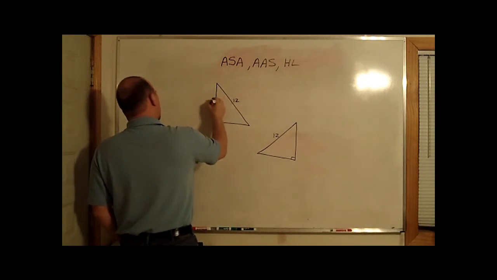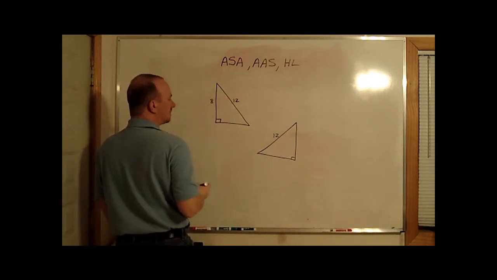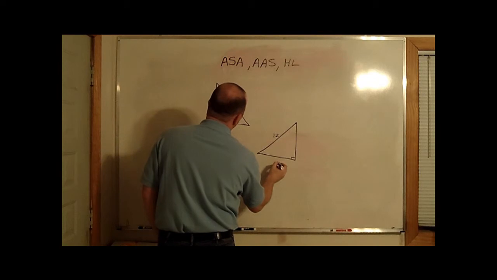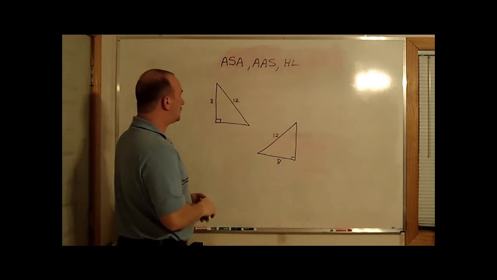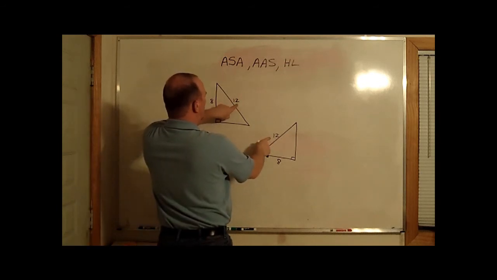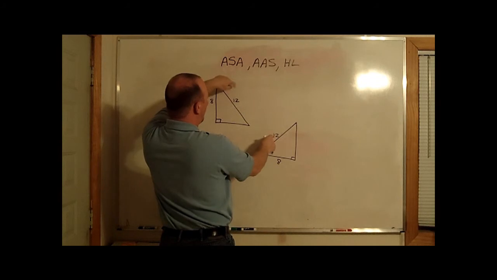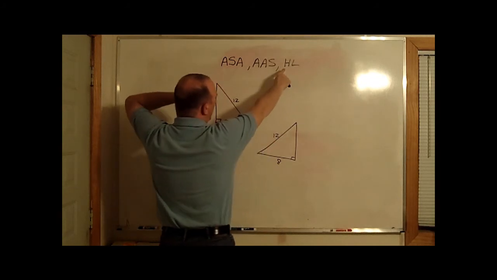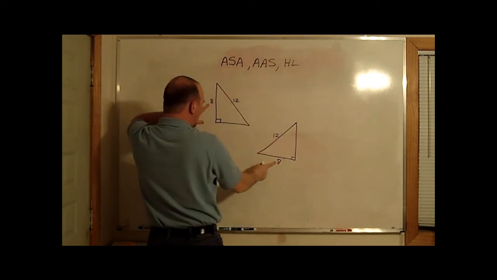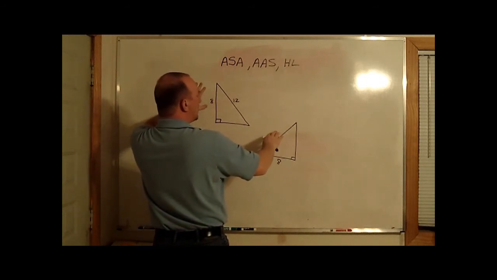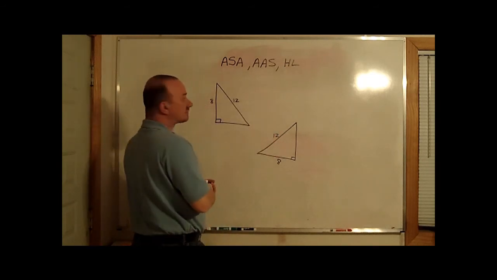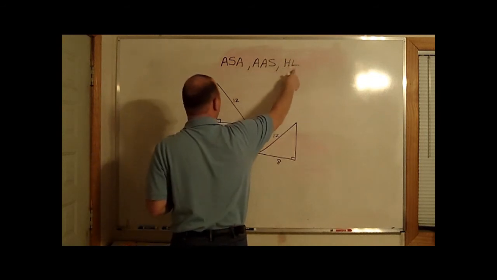And let's make this one 8, and I'm going to pick this one to be 8. Because I have two hypotenuses, they're both 12, I got the hypotenuses to match up. And I got two legs to match up. These would automatically be congruent triangles by hypotenuse, leg.